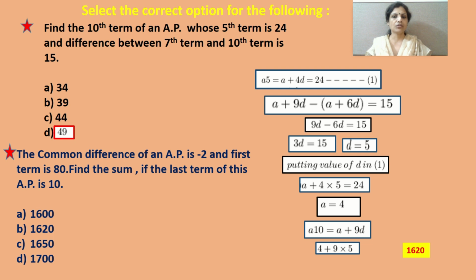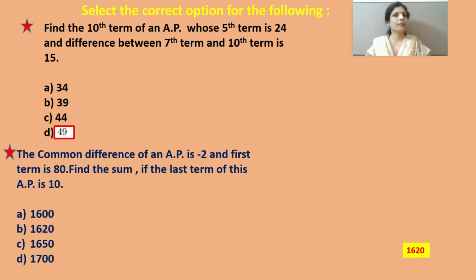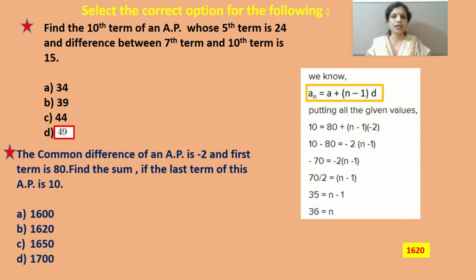So let's check out. First we'll make use of the formula an is equal to a plus n minus 1 into d. Now let's put in the values; the last term is given to you as 10, so an is equal to 10. 10 is equal to 80 plus n minus 1 into d, where d is minus 2. We have substituted all the values, now you solve it.